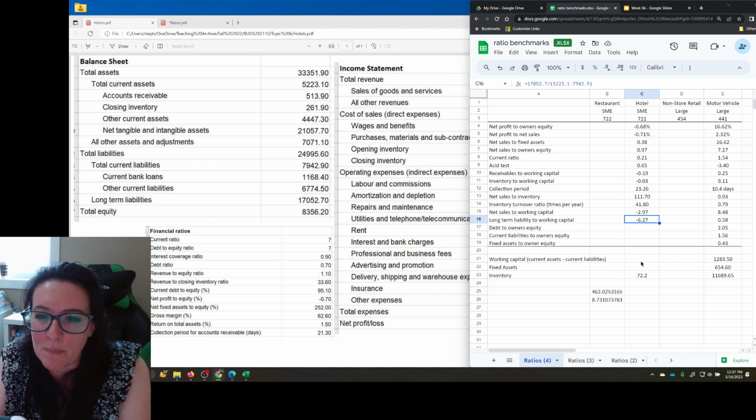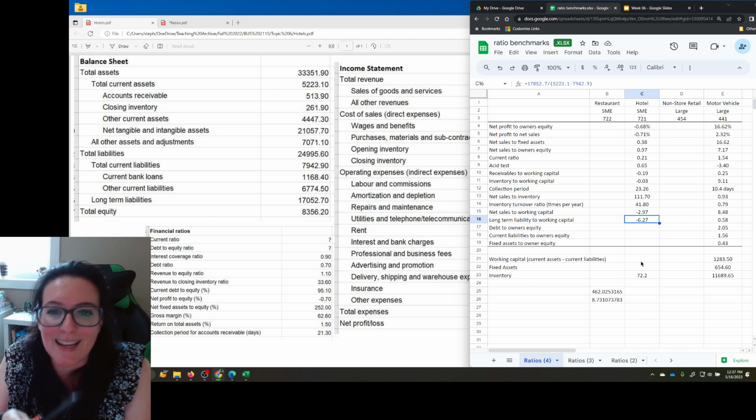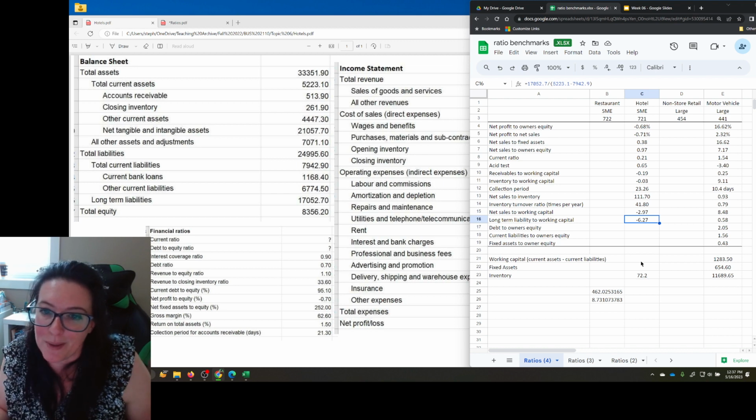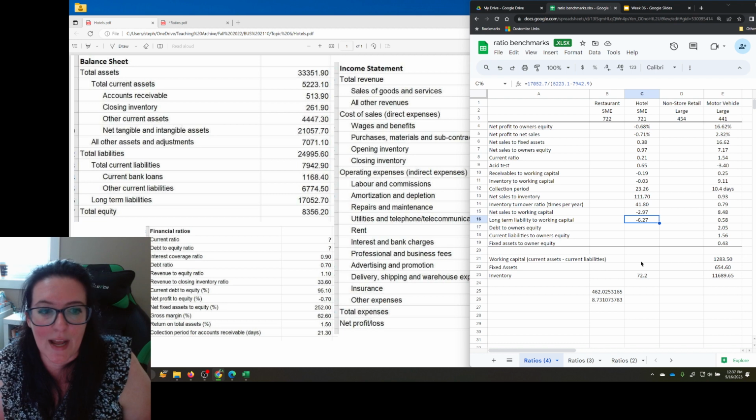If too much of our assets are tied into long-term debts, then it becomes risky when things like interest rates go up. And so we have to balance the short-term debts and the long-term debts. But again, industries that have more fixed assets, more equipment, more buildings, they're going to have higher numbers naturally anyway.